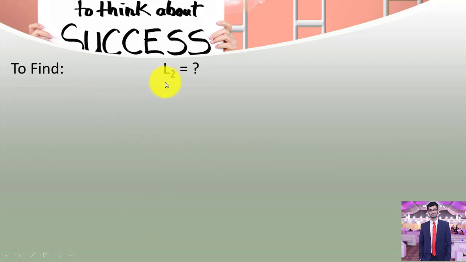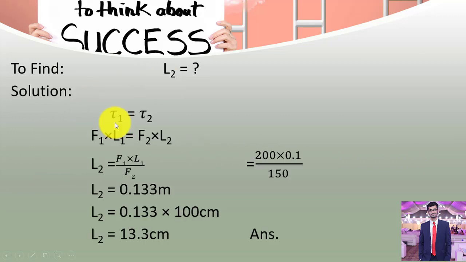To find the length of the spanner, we know that in this situation there are two different torques. One is torque 1, which is created by the force 1 and the length of the spanner that is given in the statement, and there is another torque, that is T2, which is created by the second force, that is 150 Newton, and the moment arm L2 that we need to find.